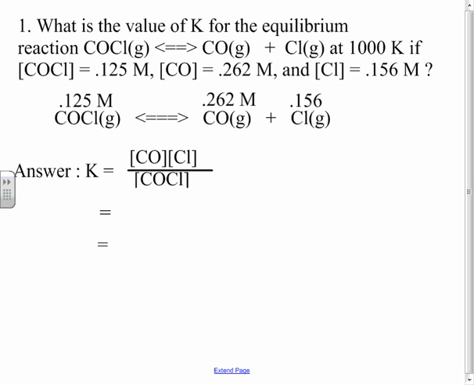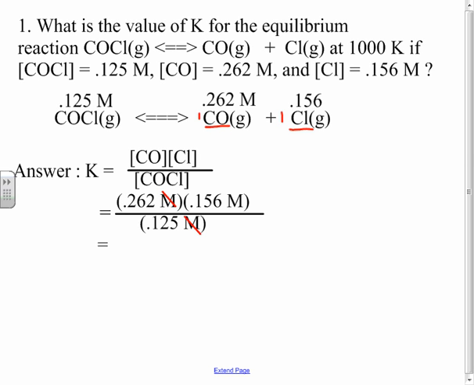Again, we can write the law of mass action. KEQ is going to equal the products over reactants. So we have this times this. The exponents are going to be 1 in each of these cases, because there's just one of these and one of these over the reactant. Again, we have just 1 mole of the reactant, and we're simply going to plug those numbers in and solve.